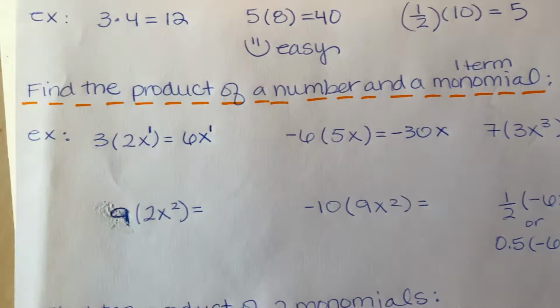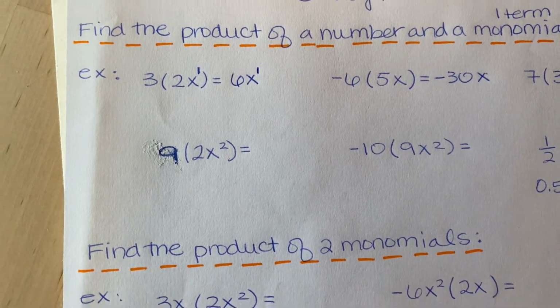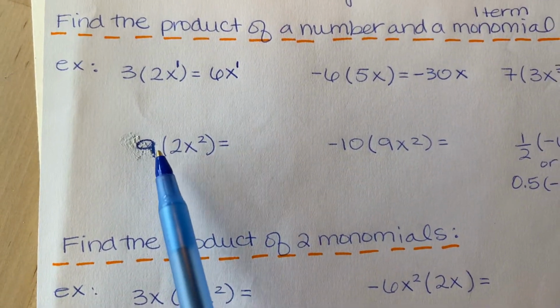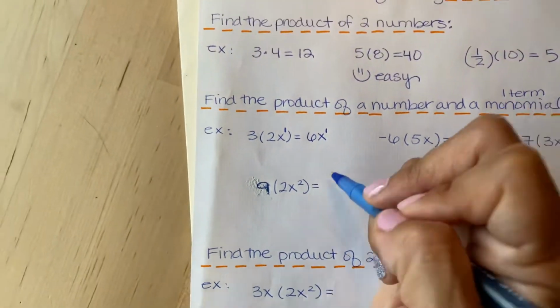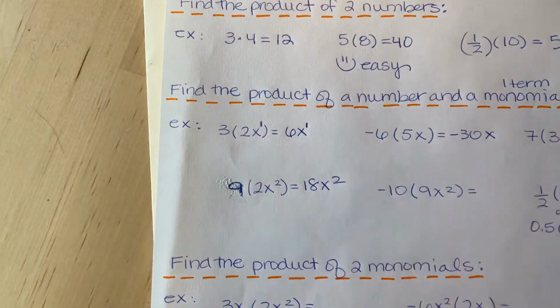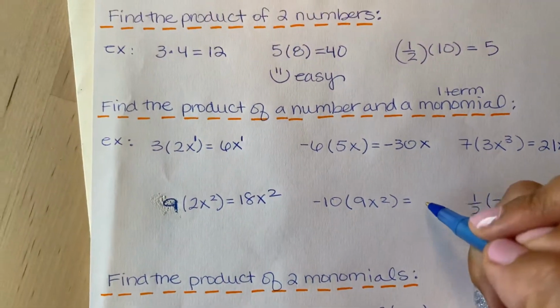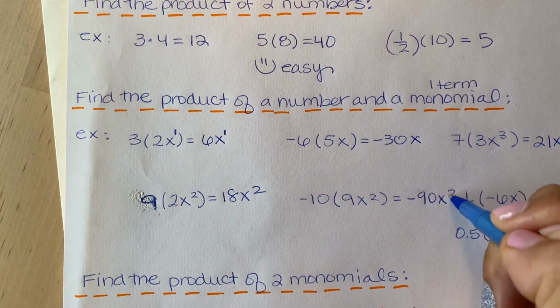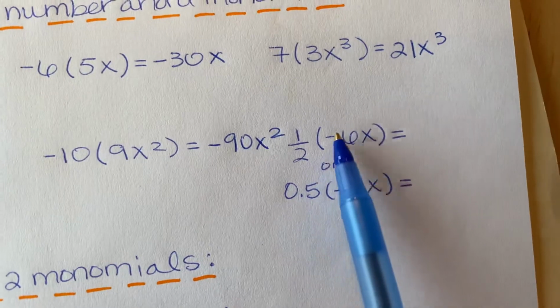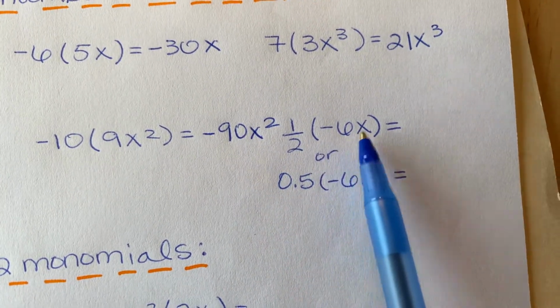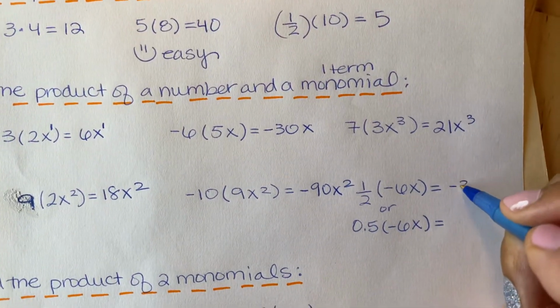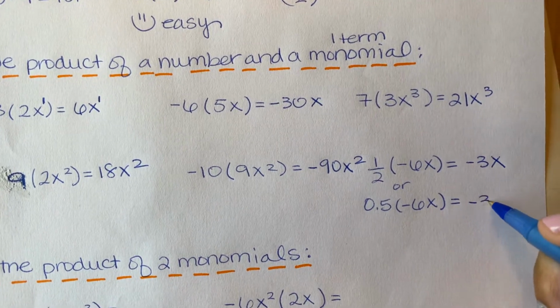So far, so good. I didn't mess up. I know how to do the math, but I tend to mess up sometimes on these videos. Okay, 9 times 2 is 18, x squared. -10 times 9, -90, x squared. 1/2 times -6 is -3x.